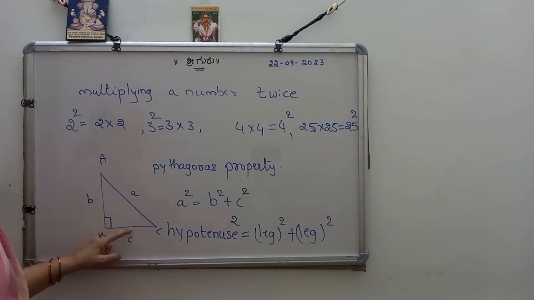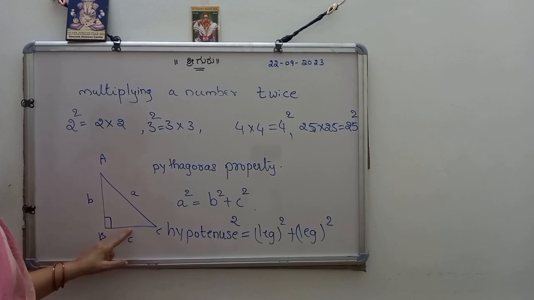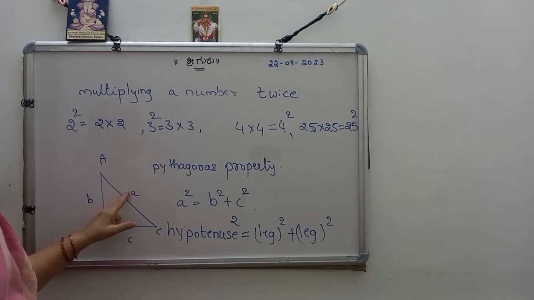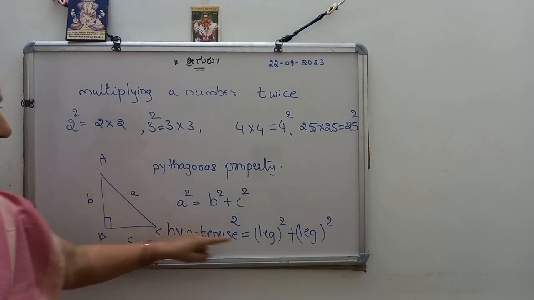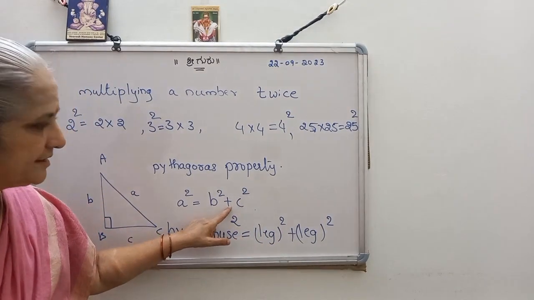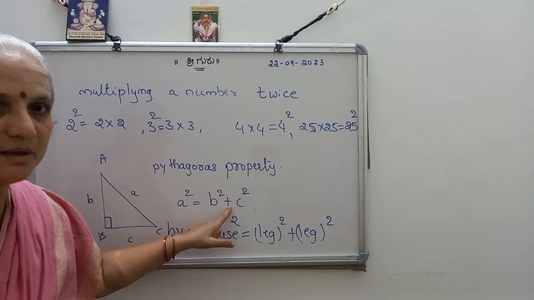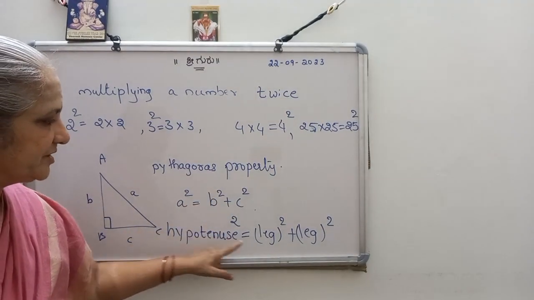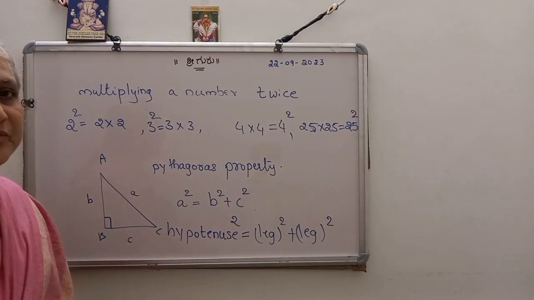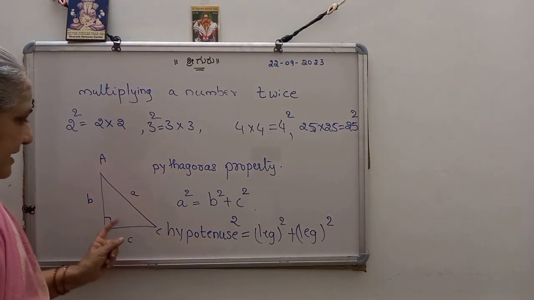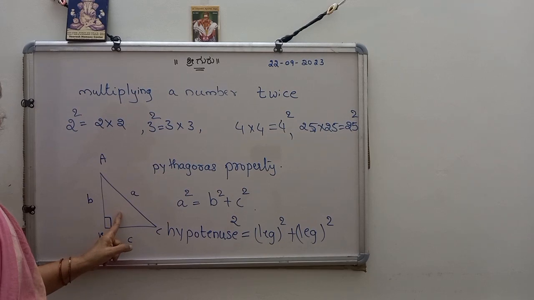These two heights of the triangle are called legs of the right angle triangle. So we define Pythagoras property as square of hypotenuse is equal to sum of, we have to add them, sum of squares of other two sides. They are called legs of that right angled triangle.